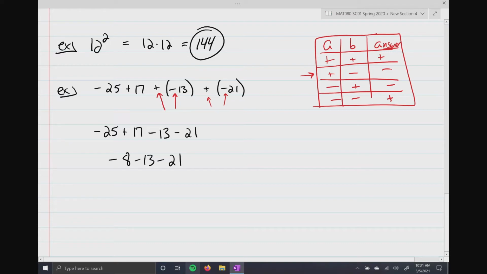So what I'm going to do is come over here to the right. I'm just going to combine them. I'm going to add them all up. So 1 and 3 is 4 plus 8 is 12. Carry the 1. 1 and 2 is 3 plus 1 more is 4. So I'm just going to combine them and keep the sign. So the answer is negative 42.